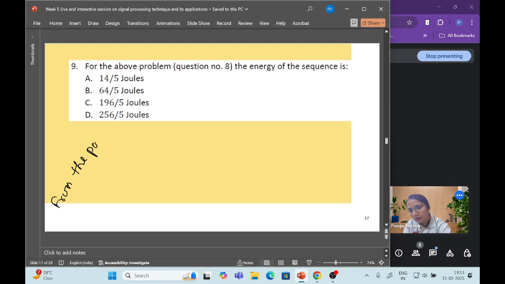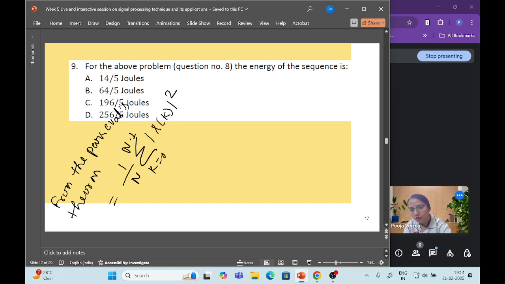from Parseval's theorem, 1 by N summation k varies 0 to N minus 1 mod x of k square. That is represented by energy. So already we know that, 1 by 5 and k varies 0 to 4, mod x of k square.